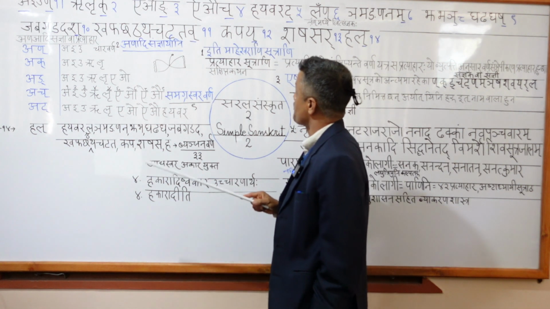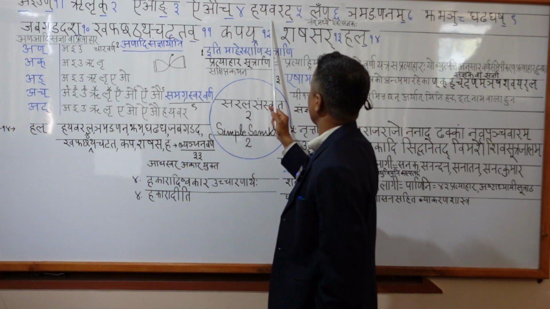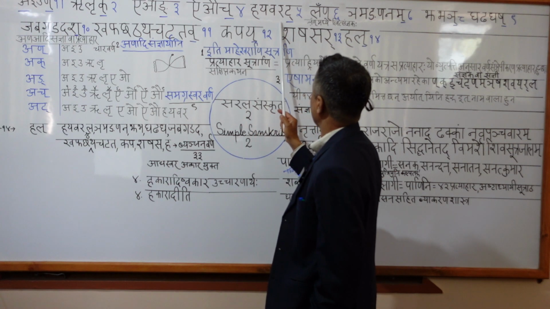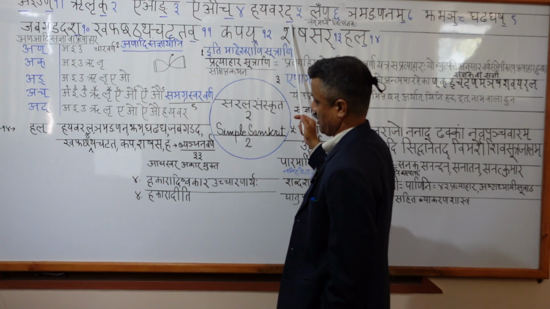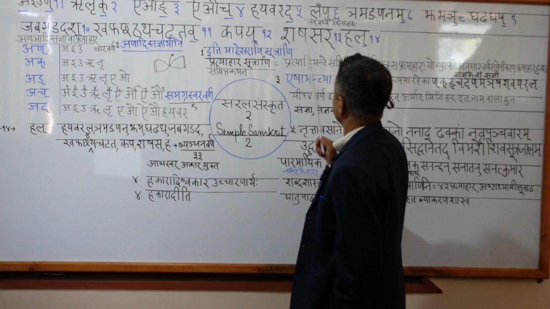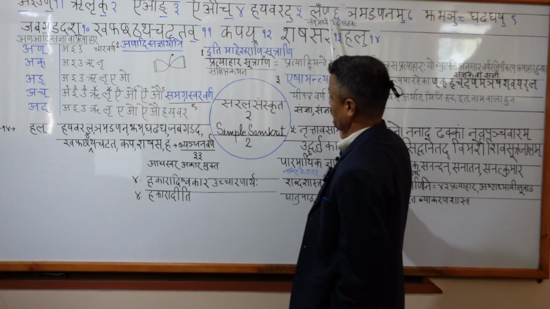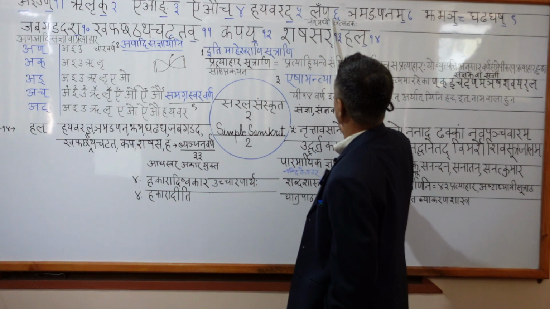So let's count. Ha from group 5, Ya from group 5, Wa from group 5, Ra from group 5, and you omit Ta because you don't include the last of each group. Then La from group 6, you omit this last sound.